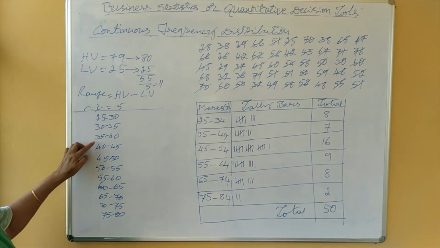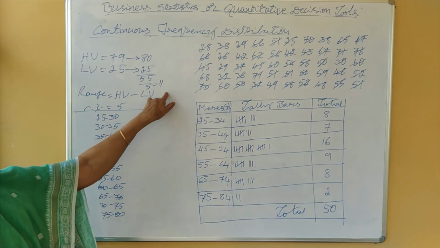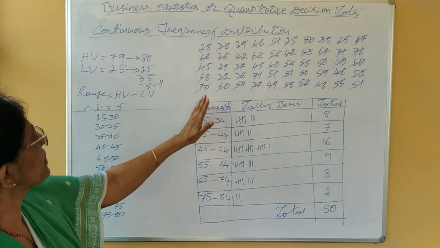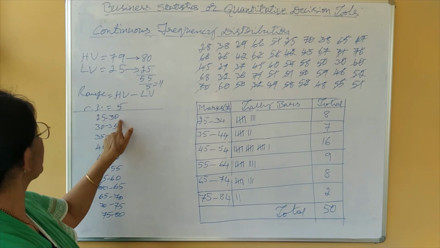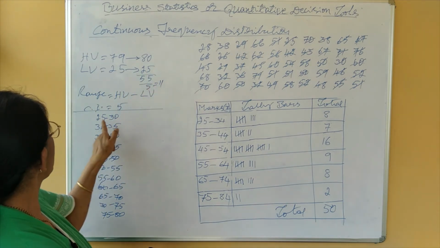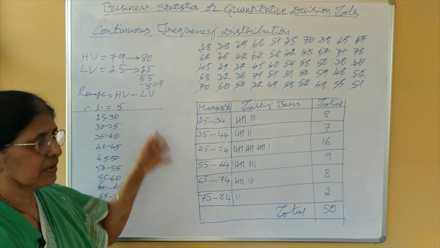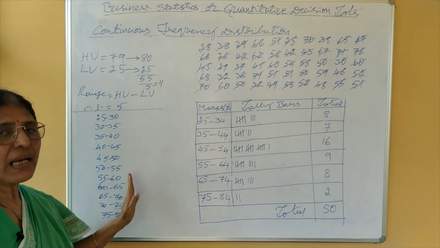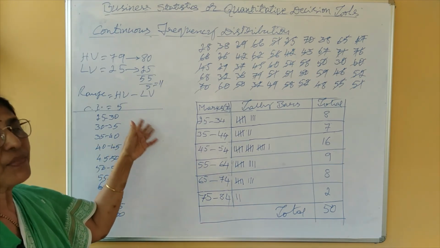Now see the number of classes: 3, 6, 9, 11. Now what you have to do is put the tally bars, or consider the values 25 to 29 in the class 25 to 30, and the values 30 to 34 in the class 30 to 35.